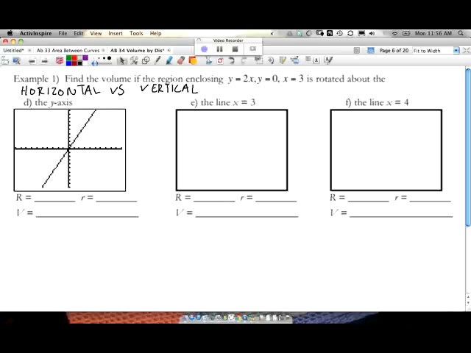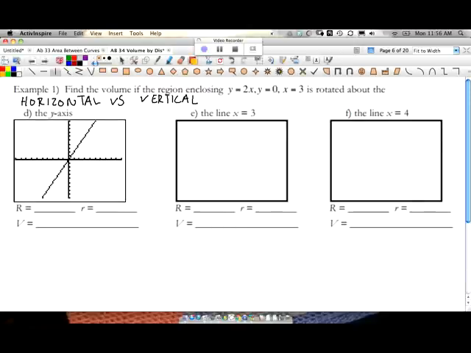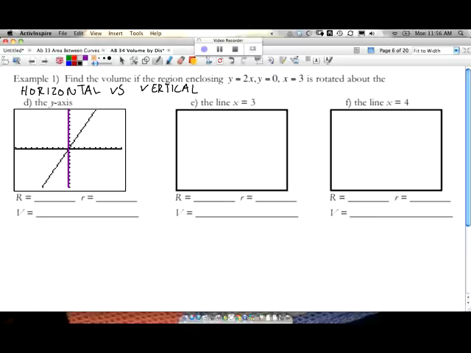Let's start picking a color for the y-axis. How about purple? So I'm going to make a line, but this time it's vertical and it's purple. So there's my axis of rotation. Now if I were to give this a function, the y-axis is really x equals 0.